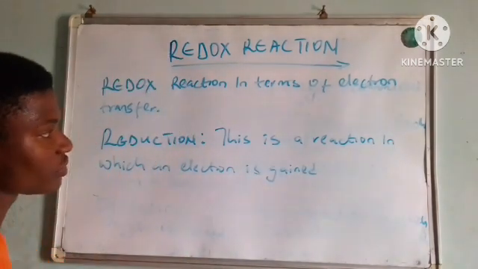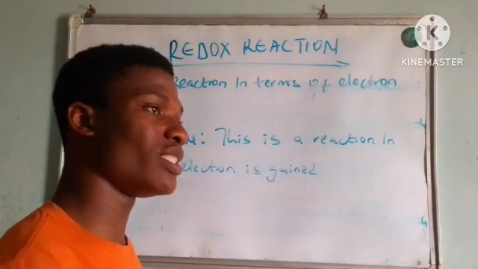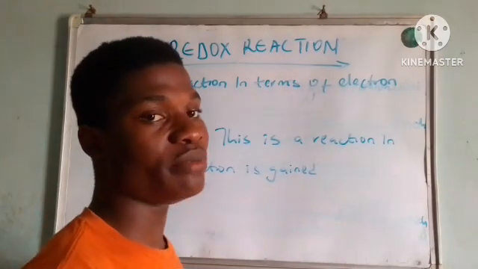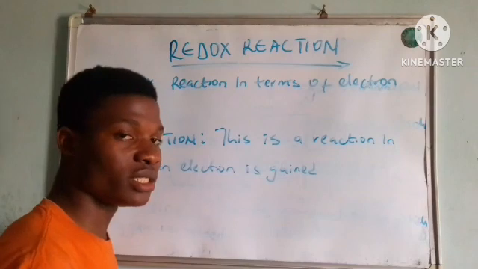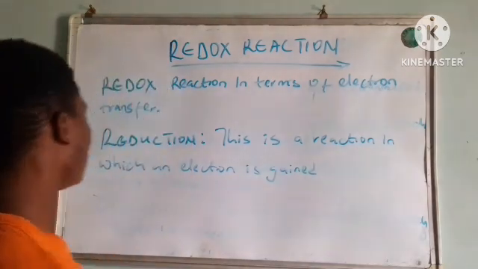So if reduction is a reaction in which an electron is gained, then oxidation will be a reaction in which an electron is lost. Let's also write it down.